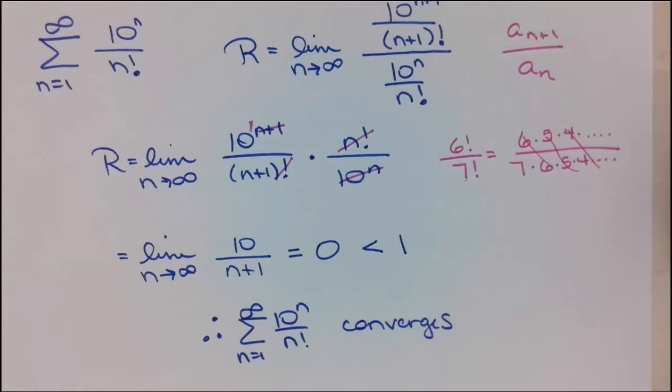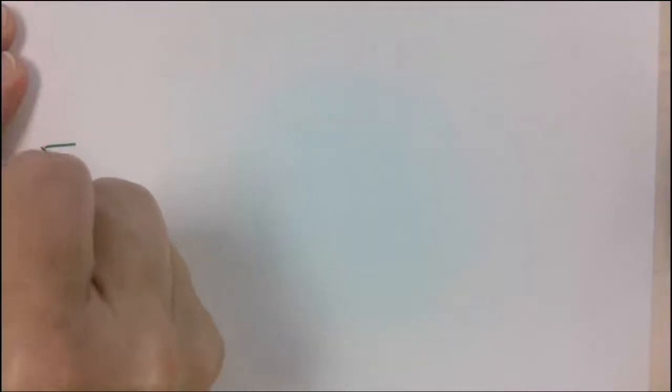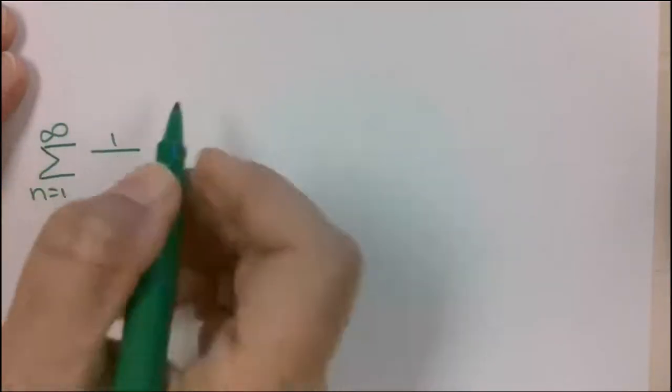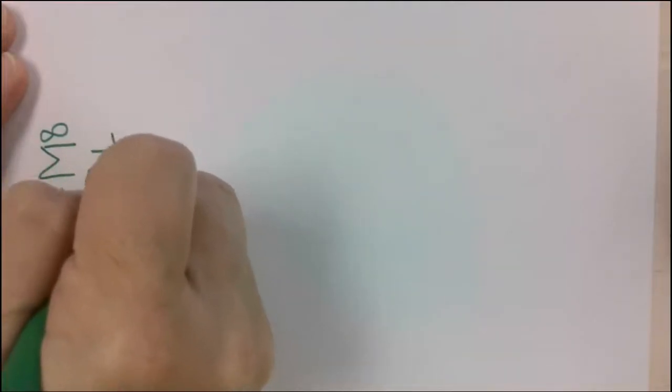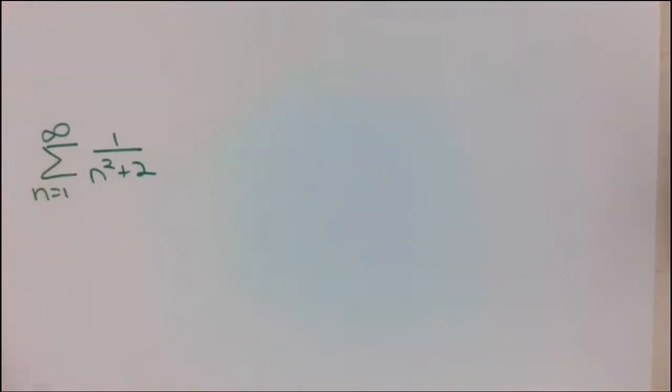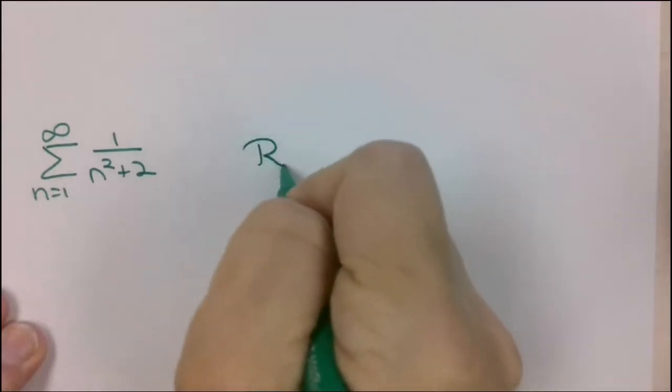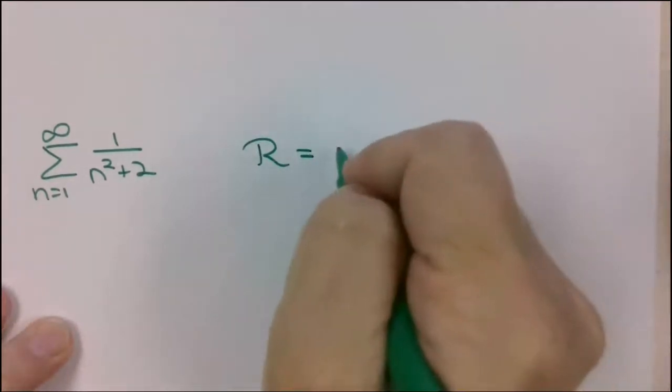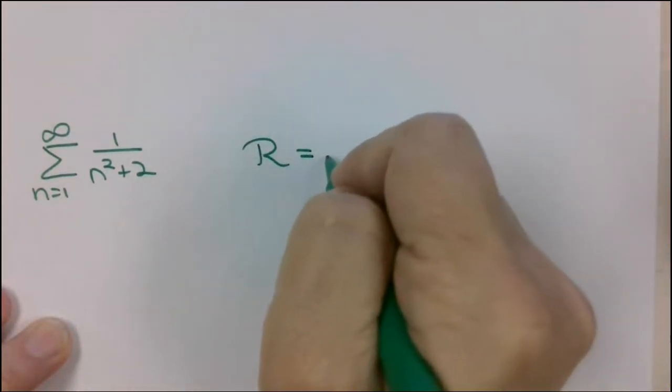I'm going to do one more example for you. Let's say that we have 1 over n squared plus 2 as an infinite series. I'm going to start out by setting up the common ratio.